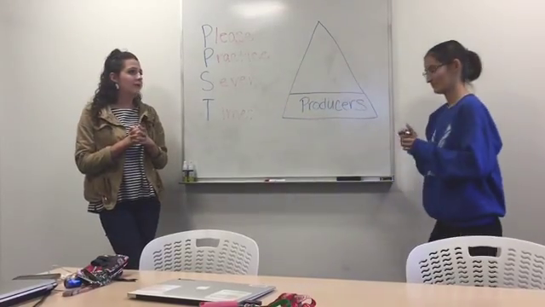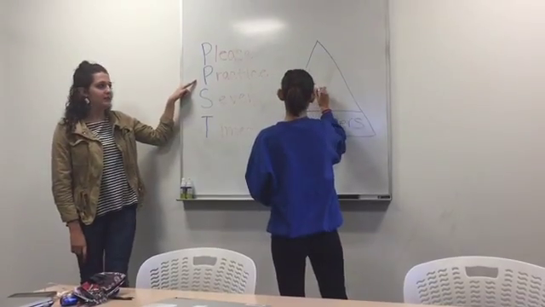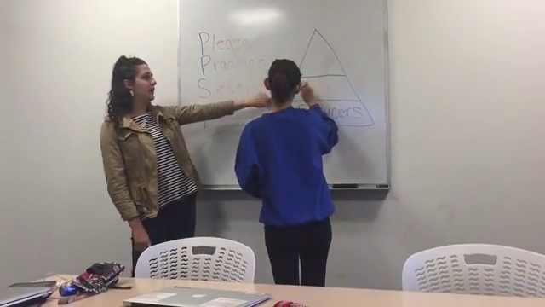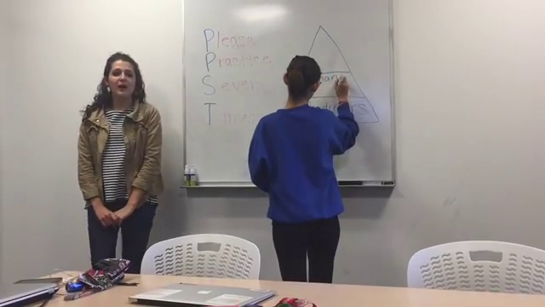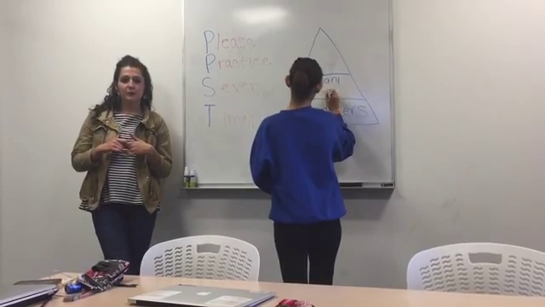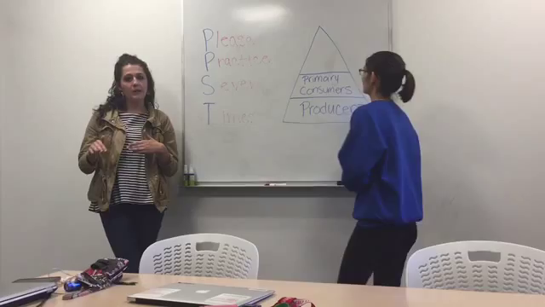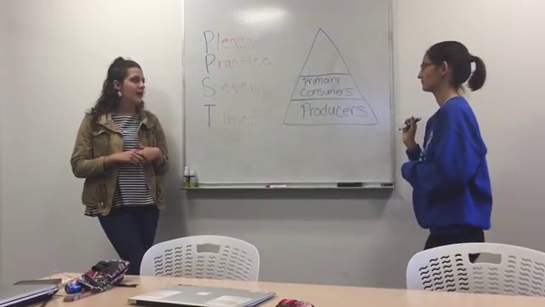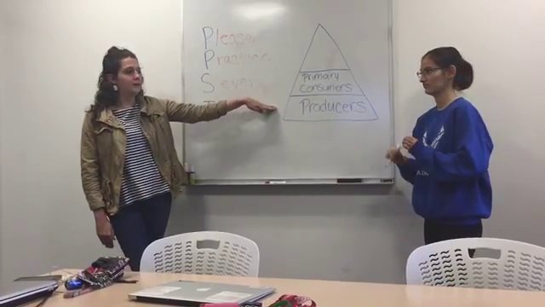And so then if we move on to our second level, that is primary consumers. They go right here where Miss Rolfes is drawing. Primary consumers are herbivores. If we remember, herbivores are animals that eat only plants, and they eat the producers in the food chain.